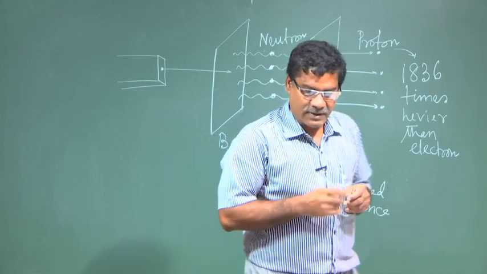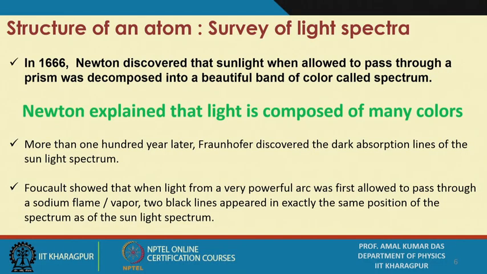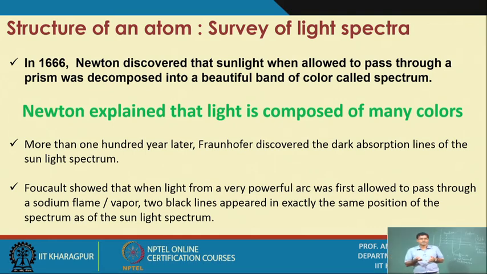It is also a long history, as I mentioned. In 1666 Newton discovered that sunlight, when allowed to pass through a prism, was decomposed into a beautiful band of color called a spectrum.